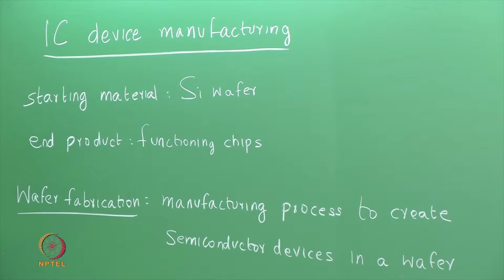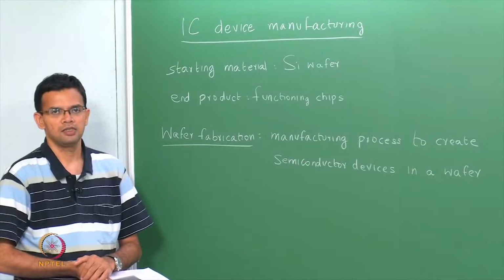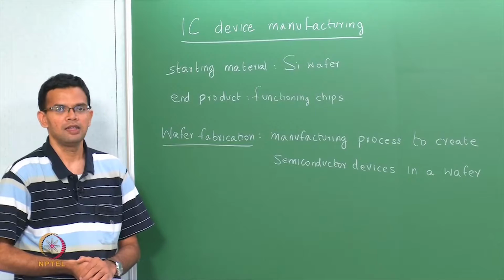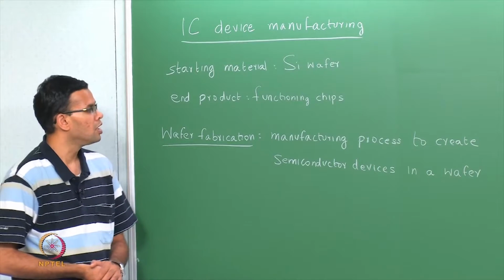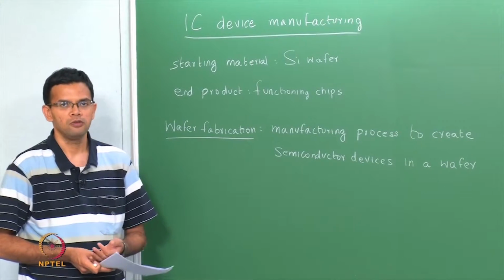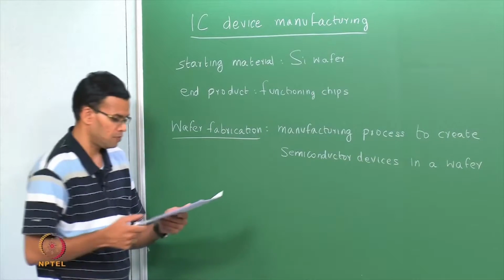So, today we are going to look at an overview of the wafer fabrication process, and then in the next few classes we will look in detail at some of the individual steps. But before we go to the overview, I would like to look at some definitions.